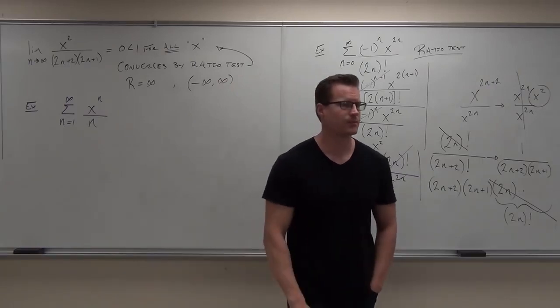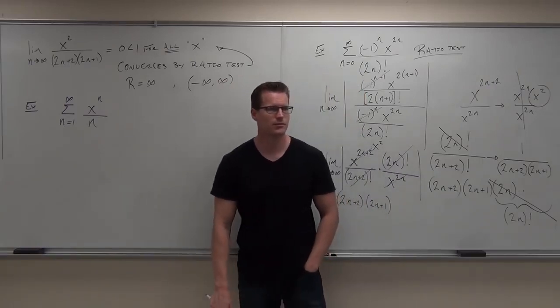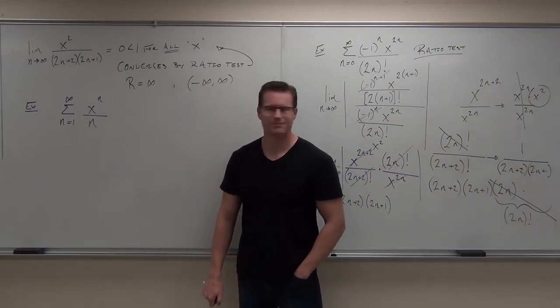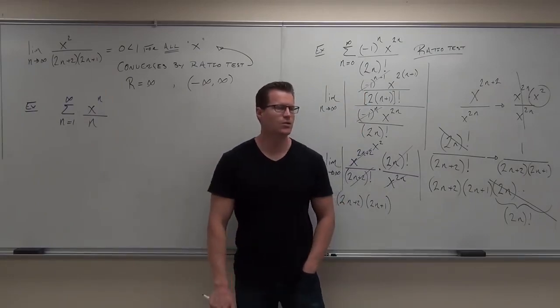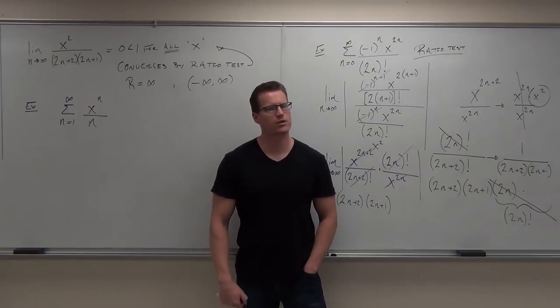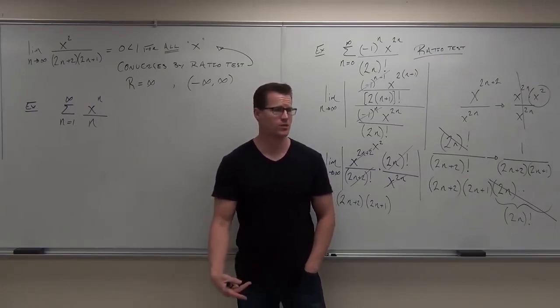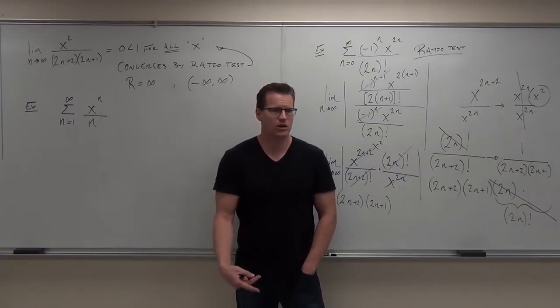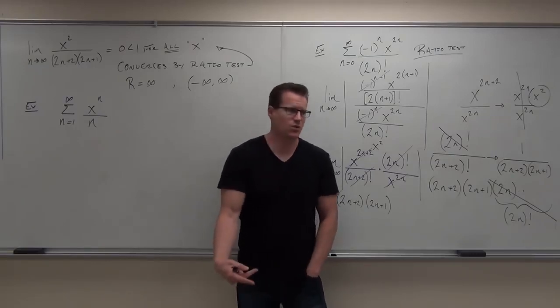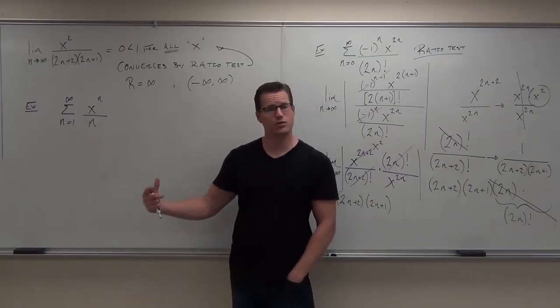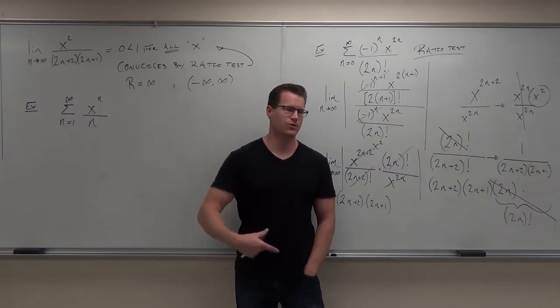Question? You don't want to use the limit test because we don't know what x is? No. The ratio test right there will give you where this converges and diverges, which is why it's so nice, because it tells you whether it converges or diverges, therefore it will give you the interval of convergence and divergence.